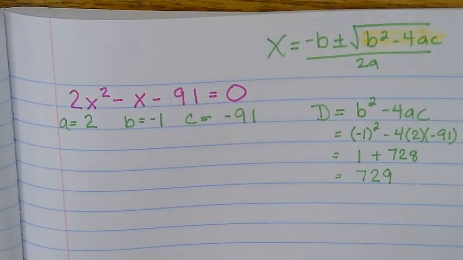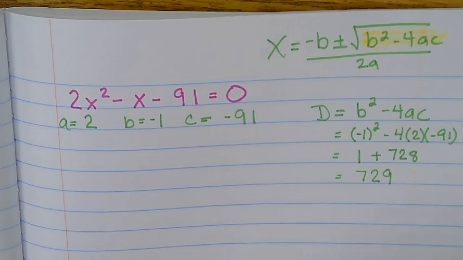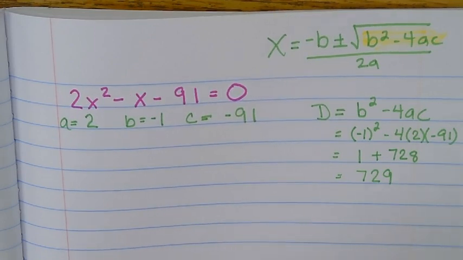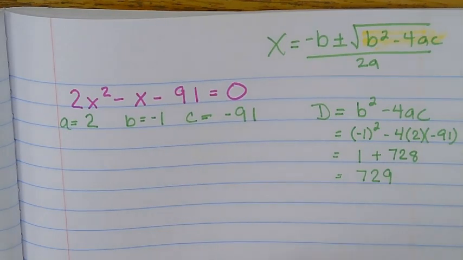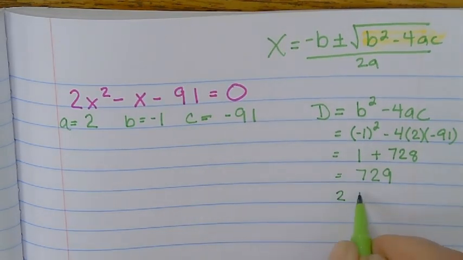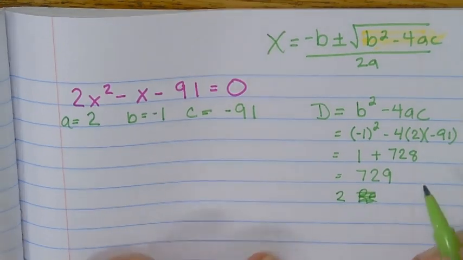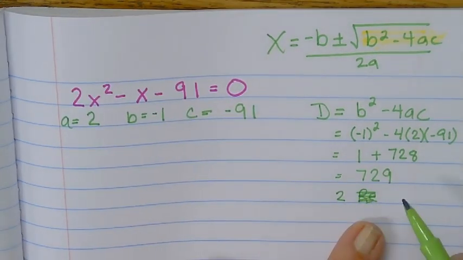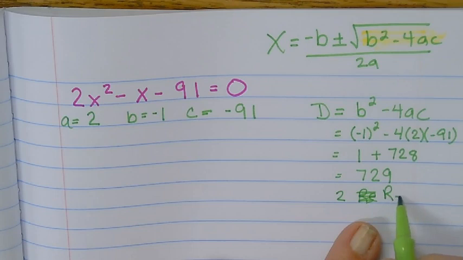So it looks like our discriminant has a value of 729. What does that mean? How many solutions? 2. And then, are they going to be real or irrational?